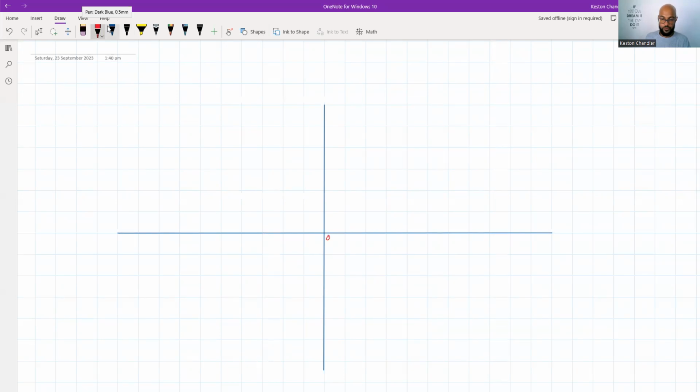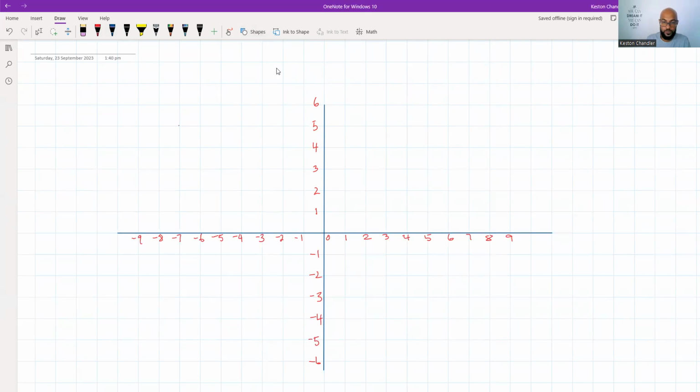So 0, 1, 2, 3, 4, 5. Right, and then I want to draw some vectors, right?